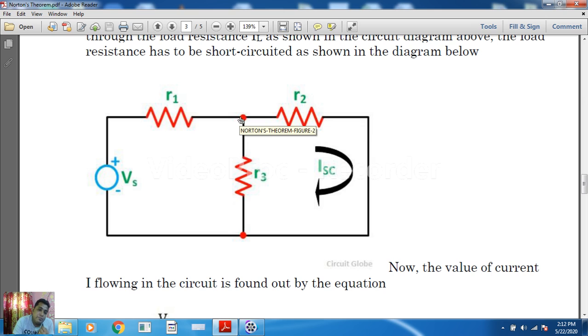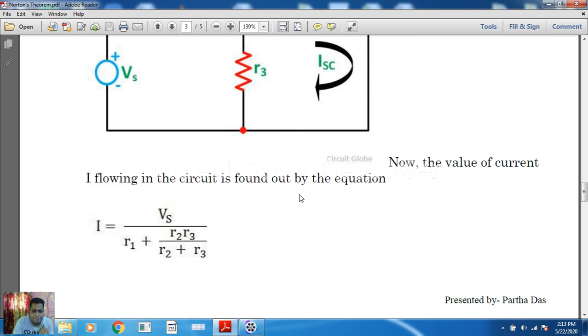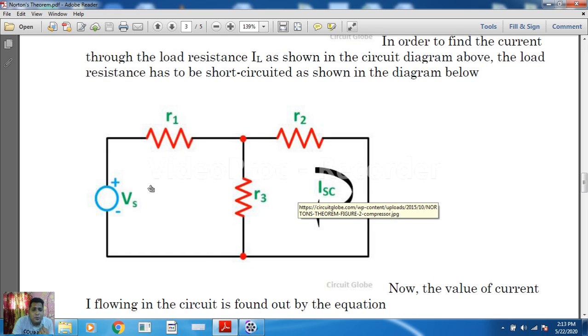Then we have to apply the current division rule, as we studied in the superposition theorem. So first we find the source current passing through R1. Then we apply the current division rule to find how much current is flowing through R2, and that gives us the short circuit current, also known as IN, the Norton's current. Okay, how can we find the source current? First of all we have to find the equivalent resistance.